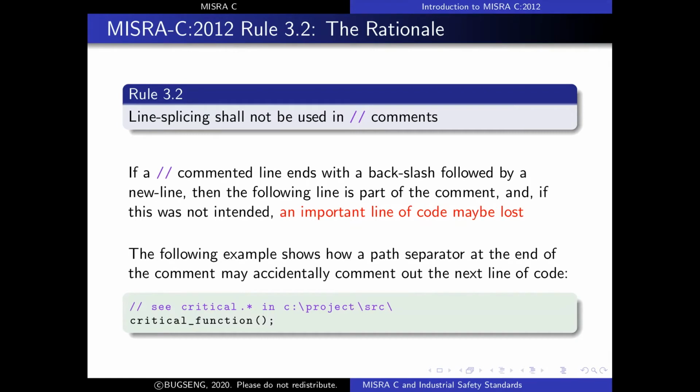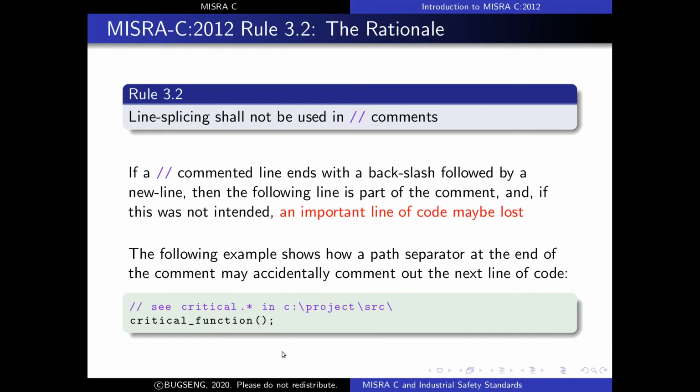So the programmer thought of writing simply the path of a directory here. However, since this ends in a \, this is called line splicing. Line splicing means that it is as if the call to critical function was written here, so it was part of the comment.